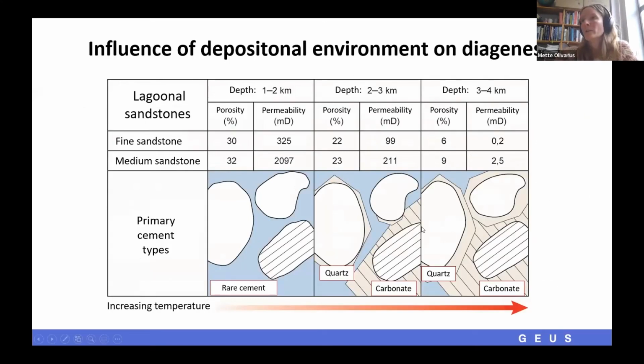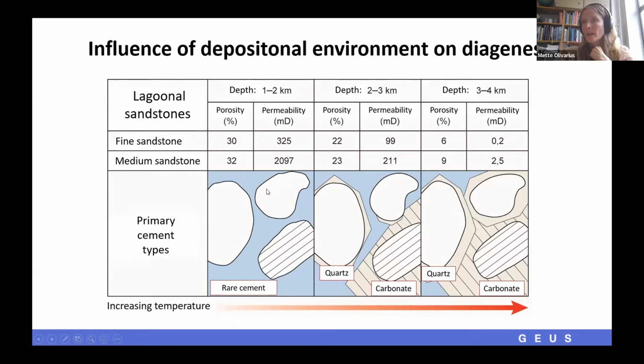So the influence of these depositional environments on diagenesis is what we are going to go through here. This is an example for the lagoonal sandstones in the Gassum Formation, and then for fine versus medium grain sandstones. This is our results from a number of samples from these different depths.